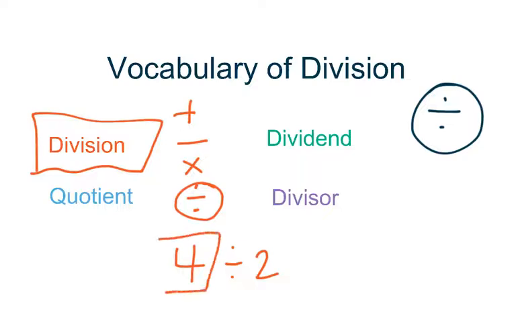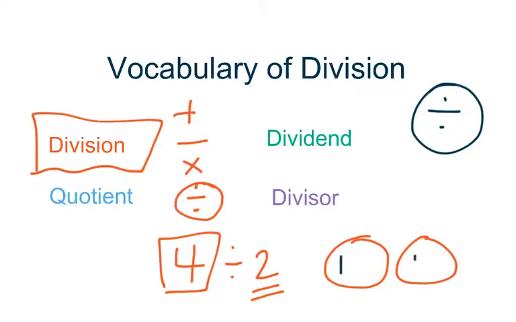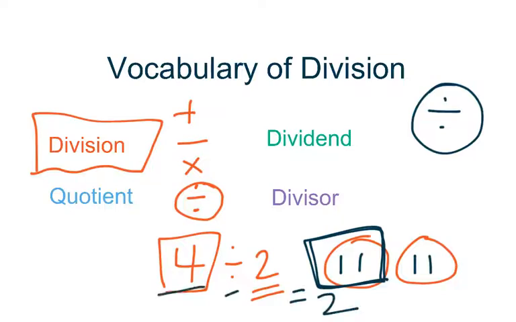This item here, 4, is how many things you have all together into 2 groups, 1, 2. So I count up to 4, splitting evenly, 1 here, 1 here, 1 here, 1 here. And then I count how many are in each group, and that's 2, and I know 4 divided by 2 equals 2. So that is the act or the operation of division, splitting things into even groups.